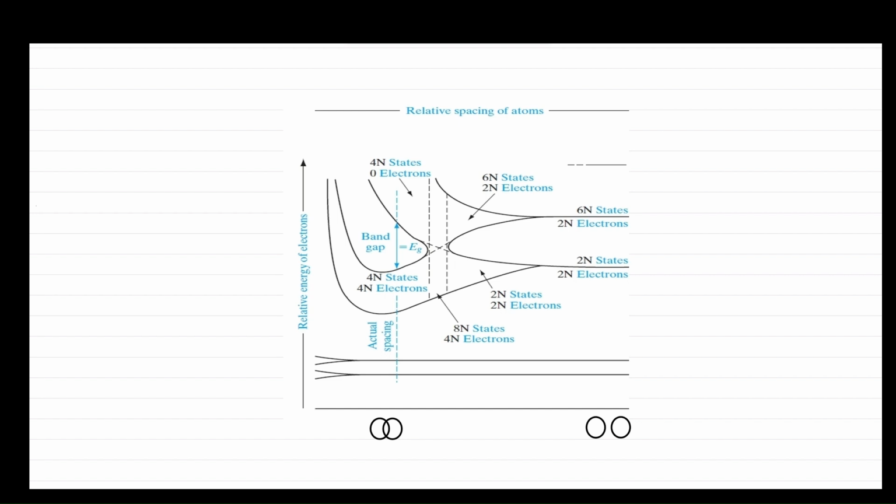At this spacing, each atom has given up 4 electrons to the band. These electrons can no longer be said to be situated in the p or s subshell of an isolated atom, but rather they belong to the crystal as a whole.